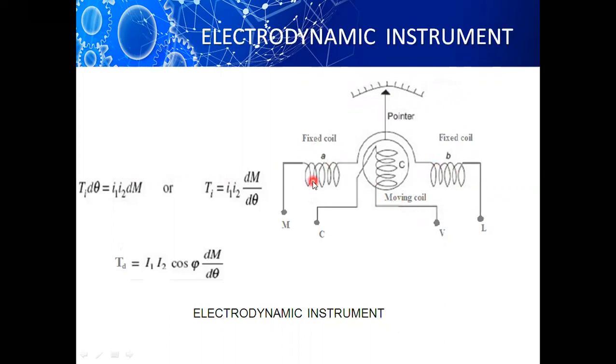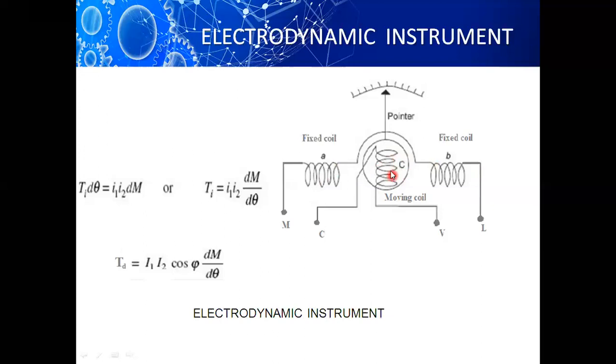There will be a magnetic field produced by A and B, so they are spaced so that the magnetic field between them is uniform, and they are spaced in such a manner that there will be space for this moving coil to move.